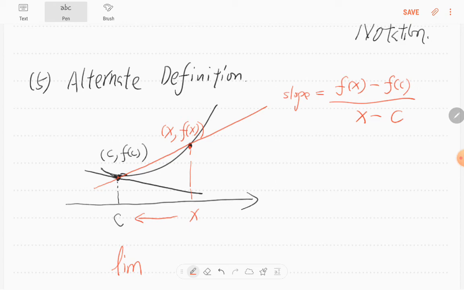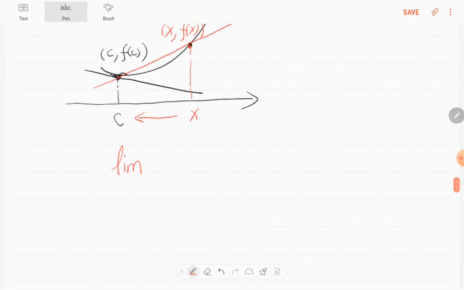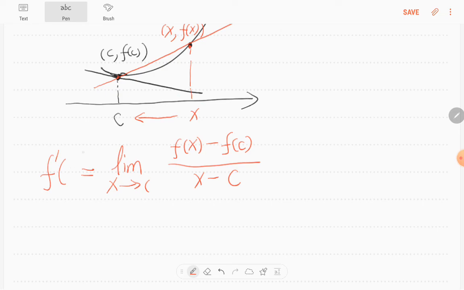This is the result for the limit as x approaches c of f of x minus f of c over x minus c. This would be the derivative at c, right? Here it is c, not x.